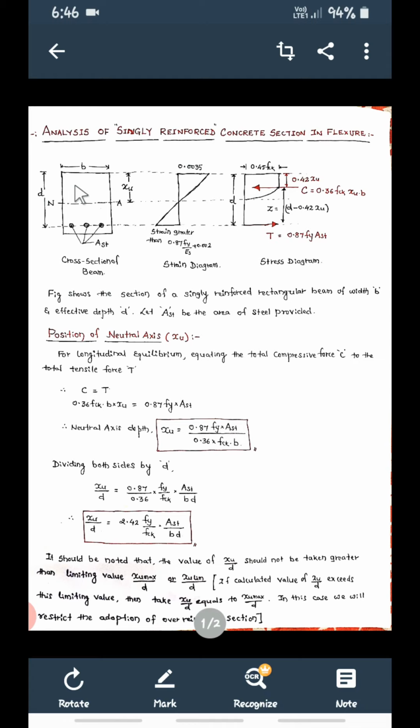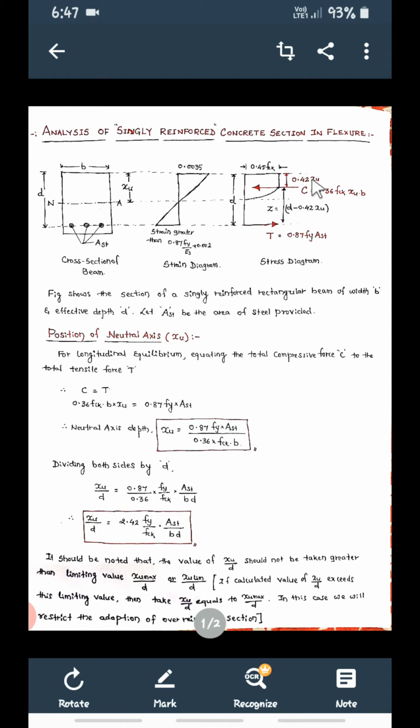In the compression zone, the total compressive force will act somewhere here, and in the steel bar the total tensile force will act. So the total compressive force is indicated by capital C, and the total tensile force in the steel bar is indicated as capital T. So this is C and this is T, and they are acting in opposite directions.